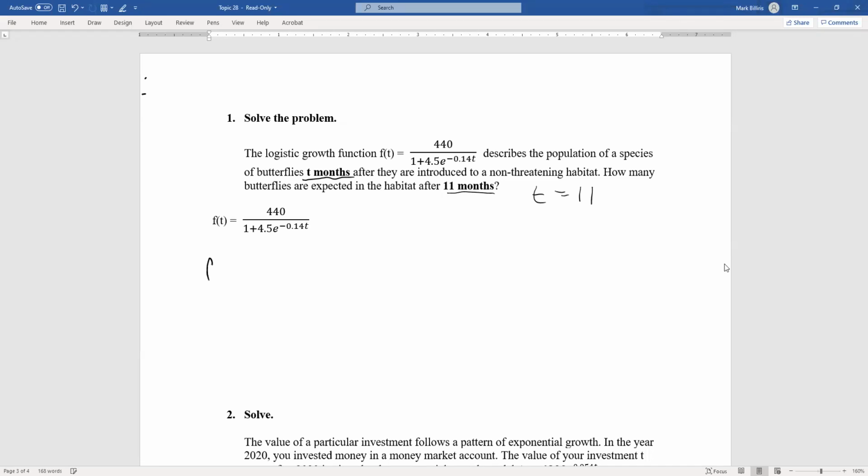So now we would have f of 11 equals 440 over 1 plus 4.5 e raised to the negative 0.14. Now in place of t, we're going to put in 11.